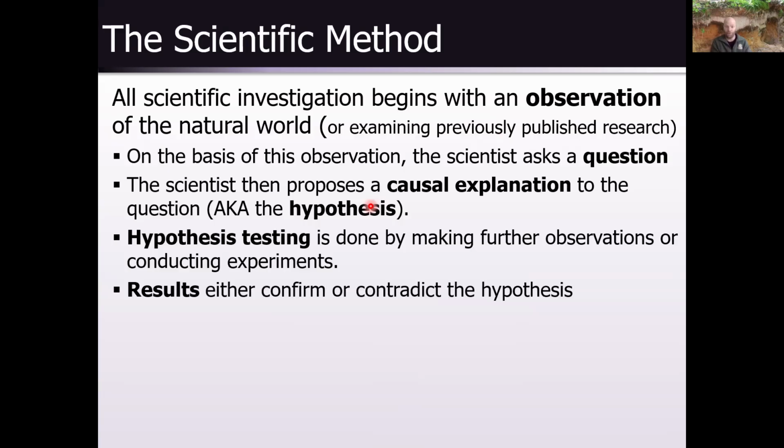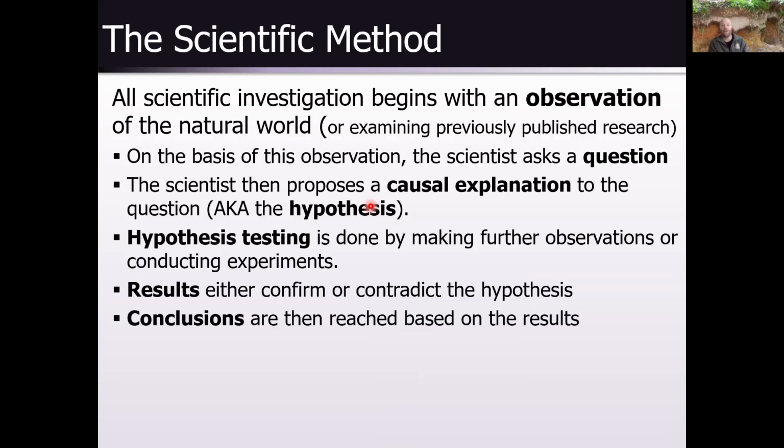From those observations and experiments, we organize the data into results, and then use that to either confirm or contradict, to test the hypothesis. Based upon the testing of the hypothesis using your observations and your results, you then, as a scientist, as a researcher following the scientific method, come to some conclusions.